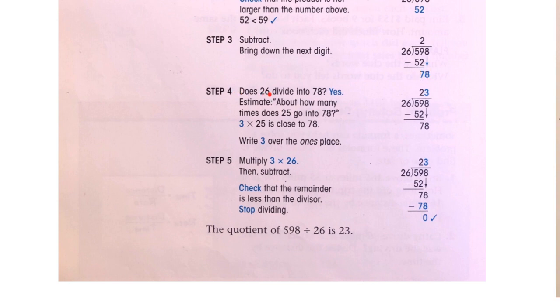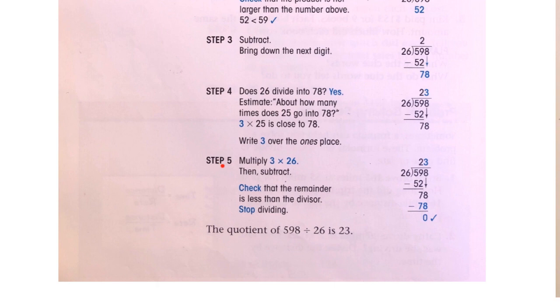Does 26 divide into 78? Yes, it does, because 78 is greater than 26. Estimate about how many times 25 goes into 78. 3 times 25 is close to 78. So write 3 over the ones place.